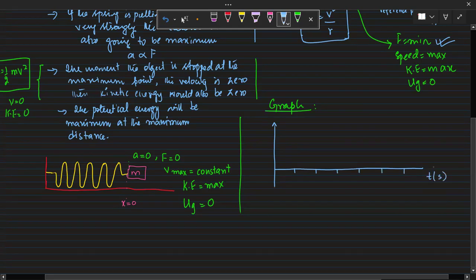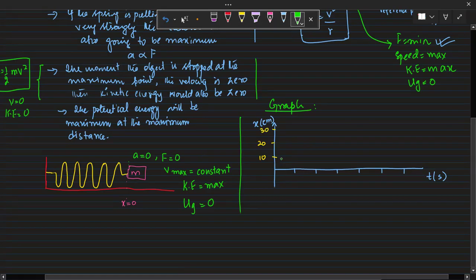Time is given in seconds, and on the y-axis we have the displacement, which is given in centimeters. Let me mark on the y-axis as well. So this here is 10, here should be 20, here should be 30.